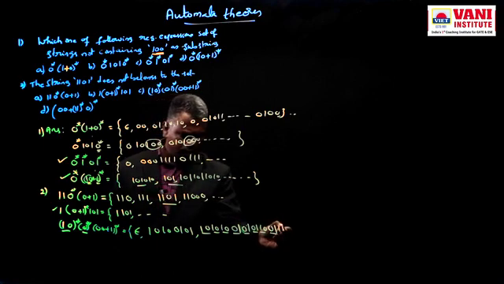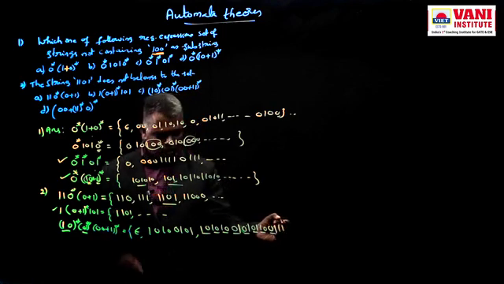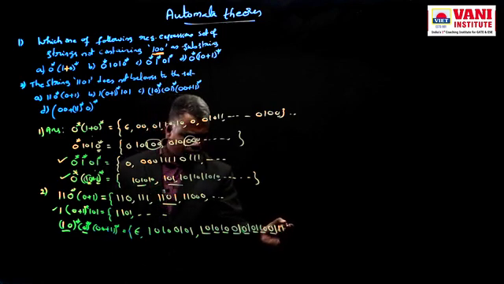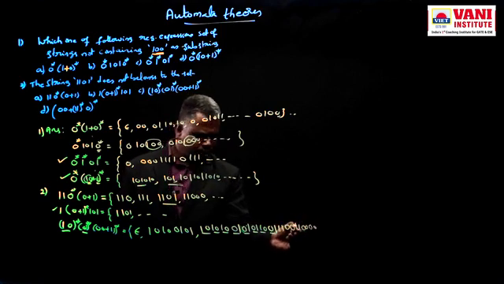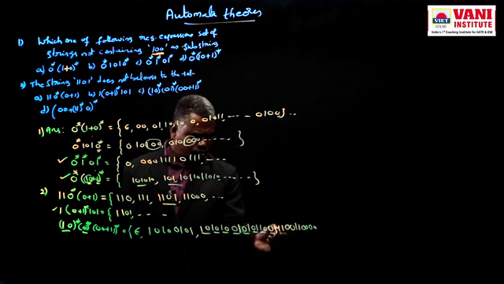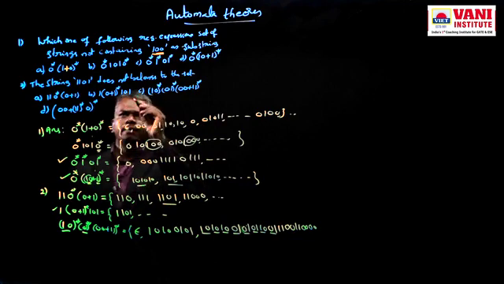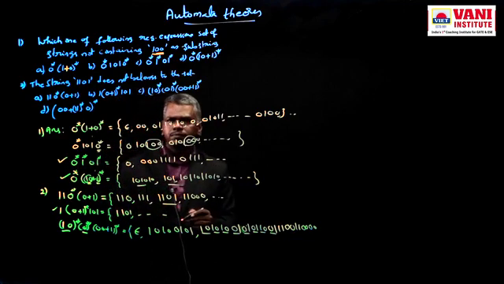Suppose you write 1 1, again you write 1 1 or 0 0. So nowhere are you getting 1 0 0 1, 1 1 0 0, 1 1 0, but not 1 1 0 1.